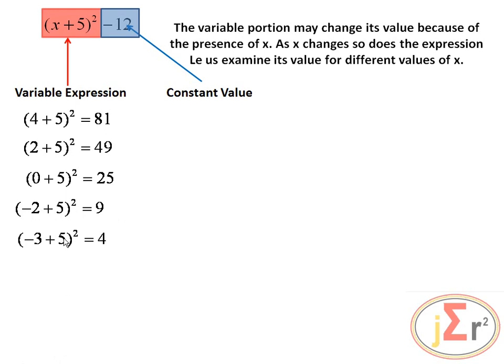So negative 3 plus 5 is a positive 2. When we square that, we get 4. So x plus 5 all squared again, and we are replacing that x with negative 5, so we get 0, and we square that and we have 0, and we have some other values right there.